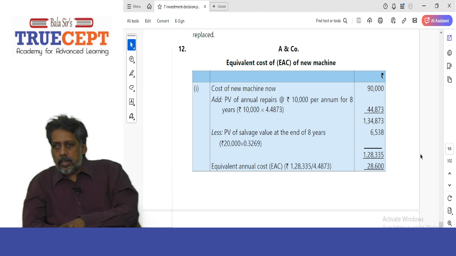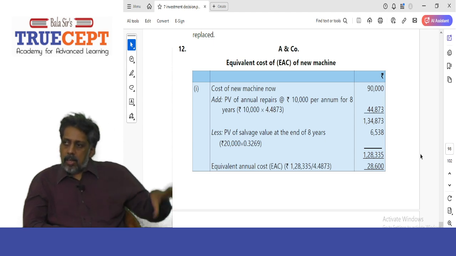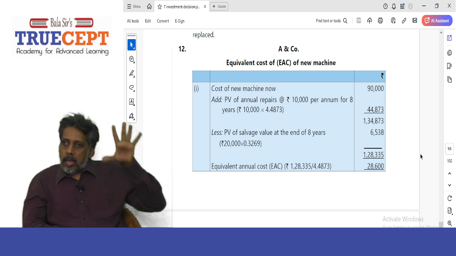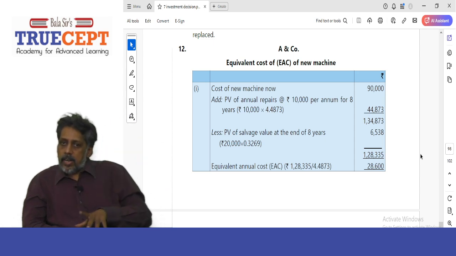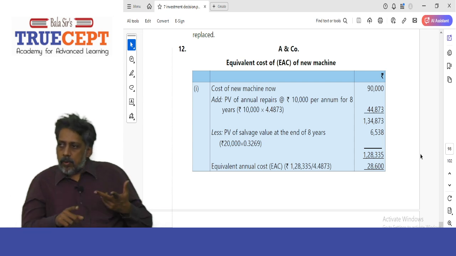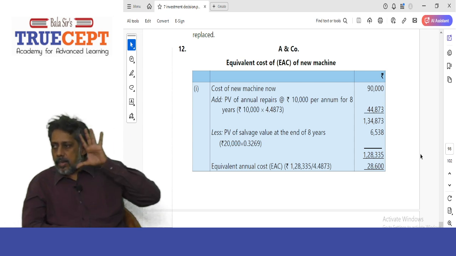How much do you get? 44,870. That is the present value of the maintenance cost that will be incurred on the new machine. And then the new machine can be sold at the end of the 8th year for rupees 20,000, right? What is the present value of that cash inflow? 20,000 into 0.3269. How much do you get? 6,538. So that you subtract. So net, what is the cost or the cash outflow?